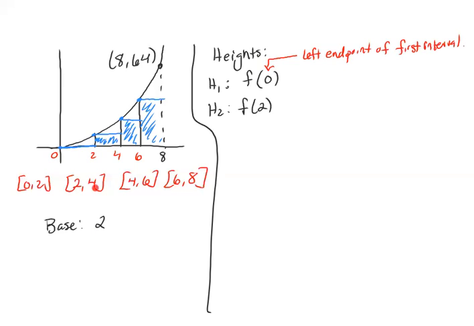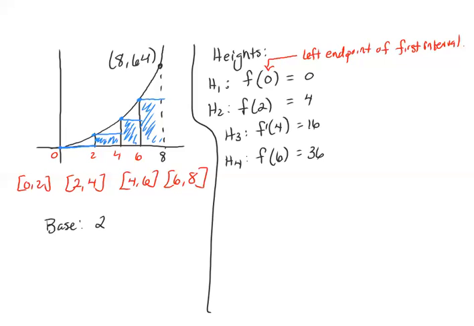The second interval has a left endpoint of 2. The height of the third rectangle has a value of f of 4, the left endpoint of the third interval. And the height of the fourth rectangle, the rightmost rectangle, is f of 6, the left endpoint of this final interval. Put those into my function, I get 0, 4, 16, and 36.